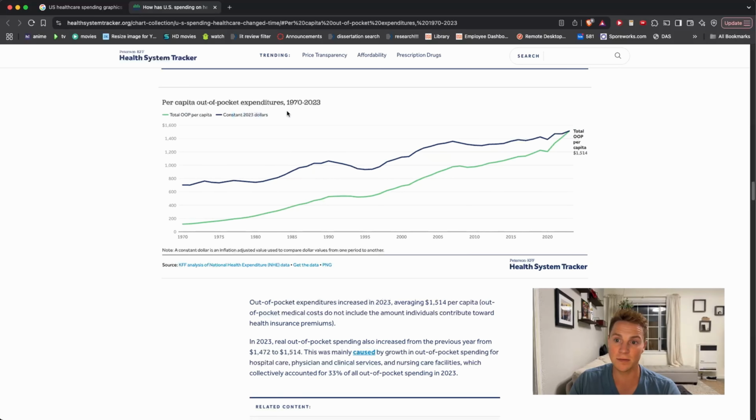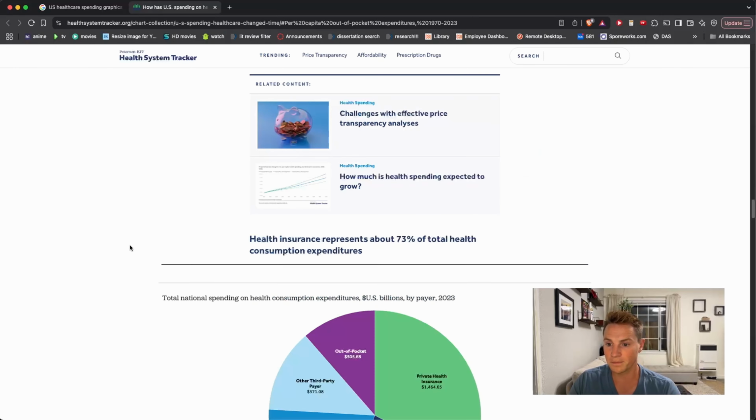That is adjusting for inflation. So that's why it's exactly equal here, because in 2023, when this chart was made, that is how much the total out-of-pocket expenses were per person. And the fact that these diverge as you go back in history means that the average American is paying more out of their pocket towards healthcare.